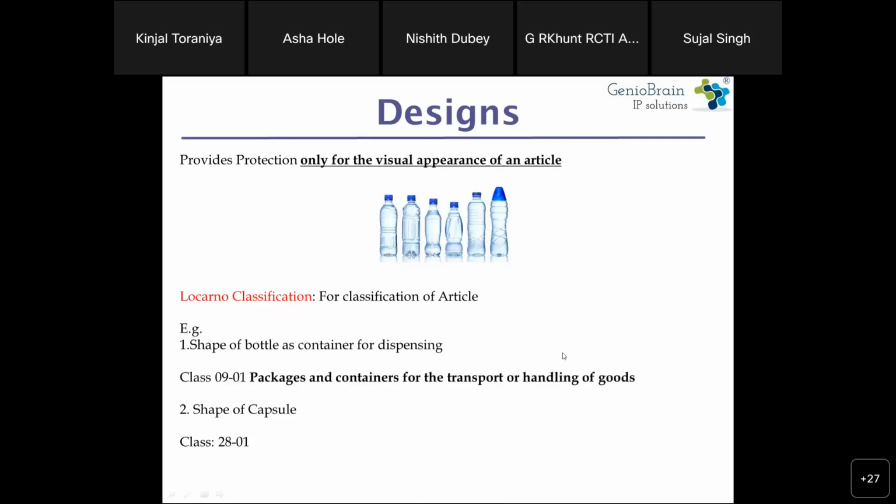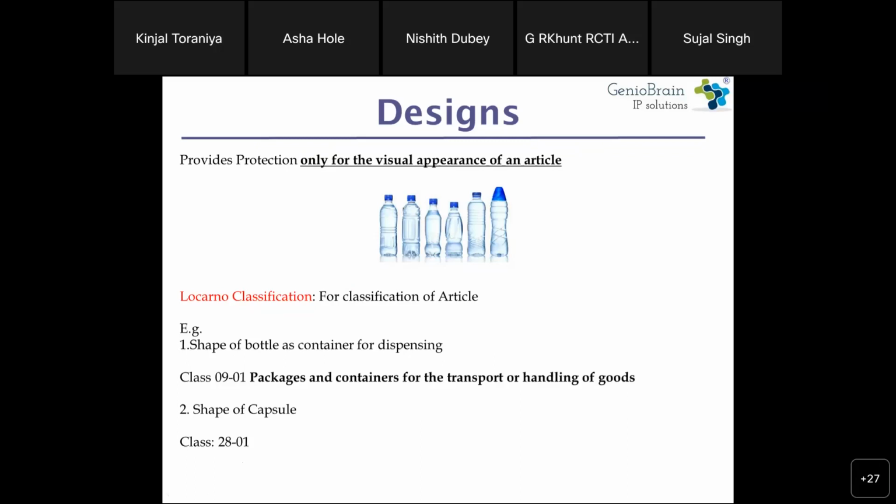Here I have given one example. The shape of a bottle is covered under class 9.1, which is packaging and containers for transport. If you have a different shape of capsule, like the calcium and vitamin D capsules Kareena Kapoor is advertising, they are heart shaped.